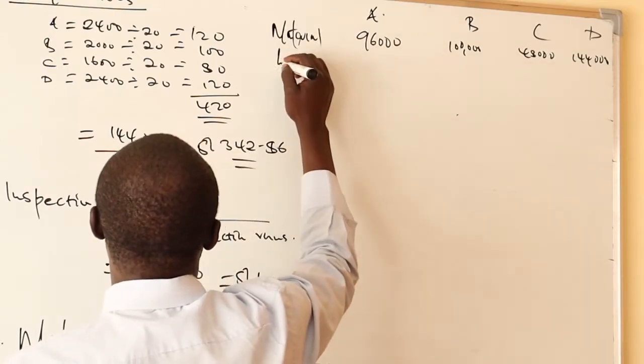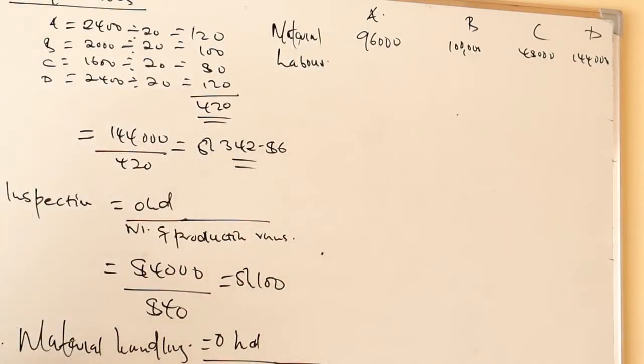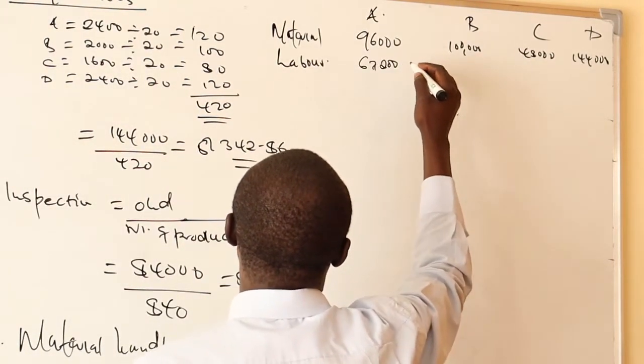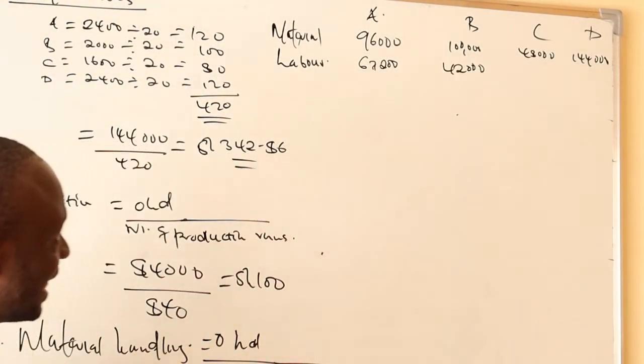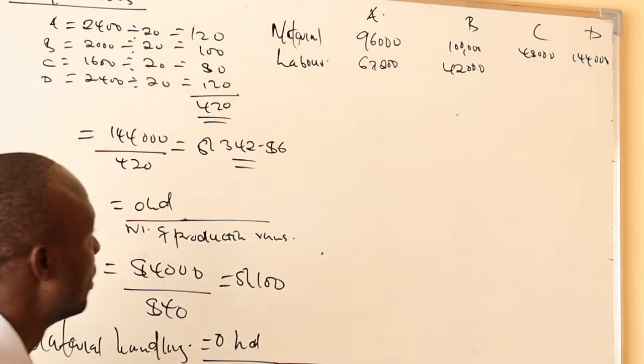And then labor, we had also done it. For product A, it was 67,200. For product B, it was 42,000. For product C, it was 22,400.